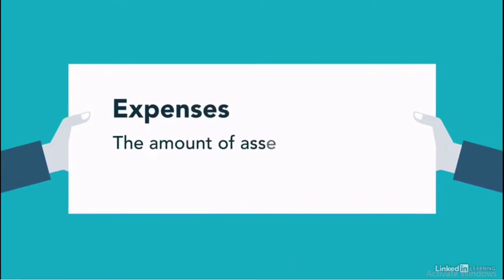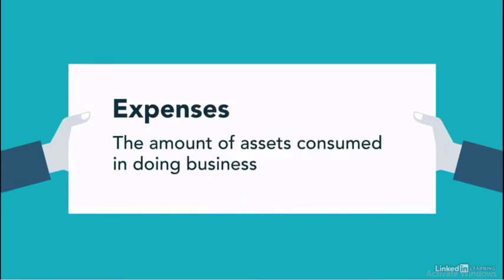Sometimes assets are consumed as part of doing business. In this transaction, the shrubs now belong to your customer and they are gone from your business. Expense is the label we give to the amount of assets consumed in doing business. Hopefully, the revenues, the amount of assets generated, will be more than the expenses, the amount of assets consumed.